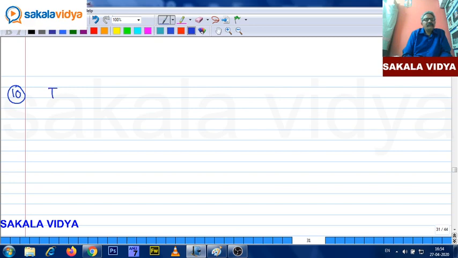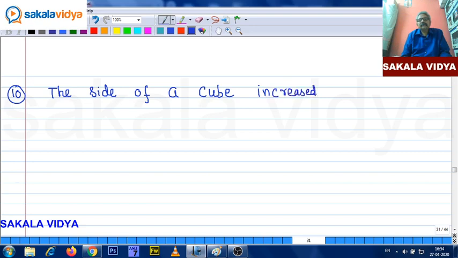The side of a cube is increased at the rate of 0.02 centimeter per second.